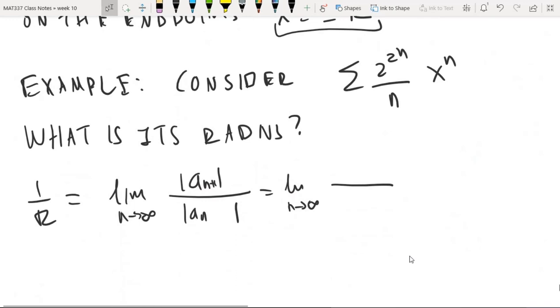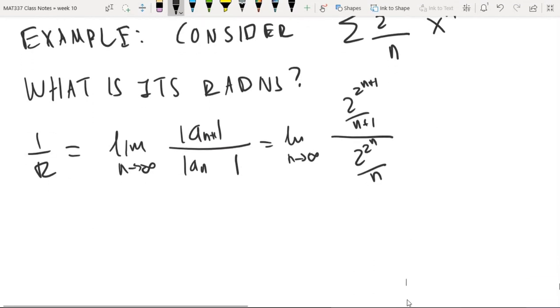Anyhow, what is it? So you get n, and then you get 2 to the 2n plus 1. Actually, let me write the whole thing: 2 to the 2n plus 1 over n plus 1, and then 2 to the 2n over n. All right, it's quite a mouthful. So what do we get? We get n over n plus 1. That guy goes to 1, so it's useless.